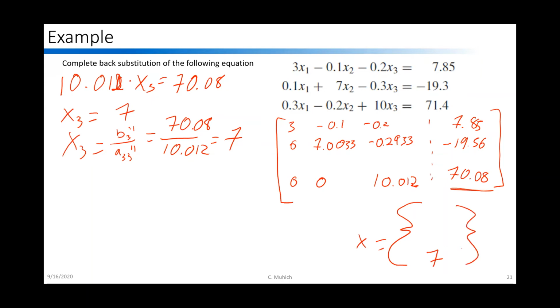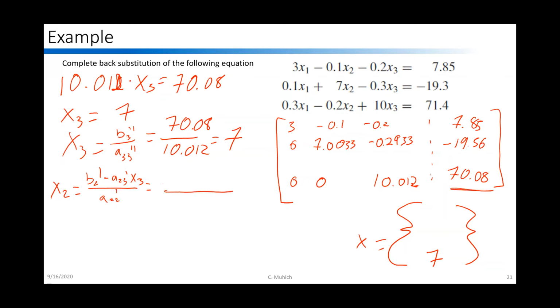And now we can do this for x2. x2 is equal to b2 prime minus a23 prime x3 over a22 prime. I can pull the numbers.